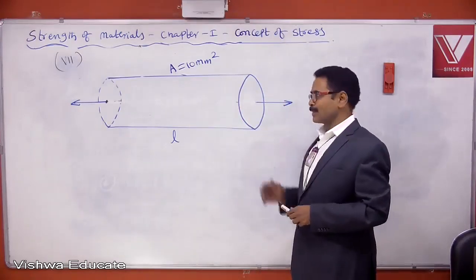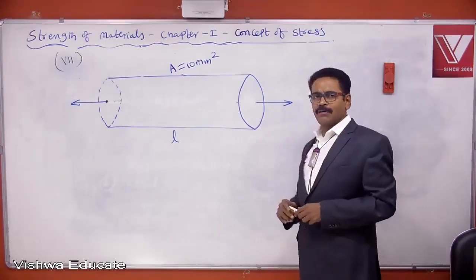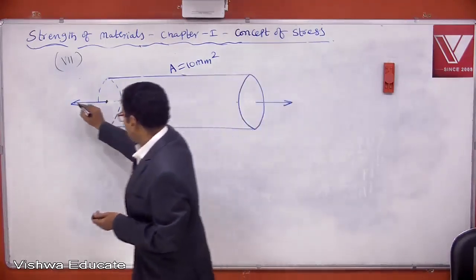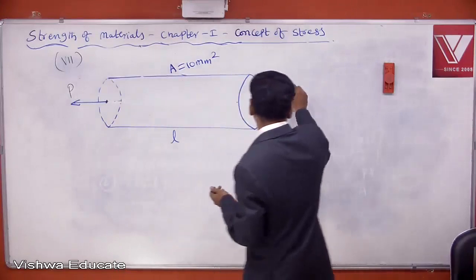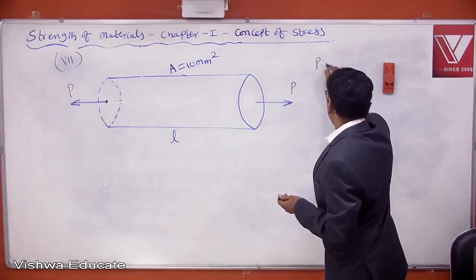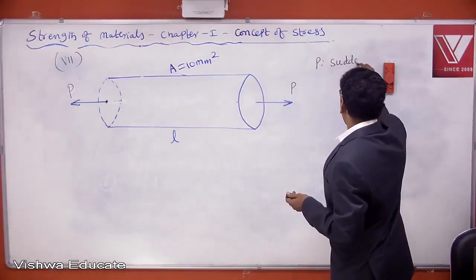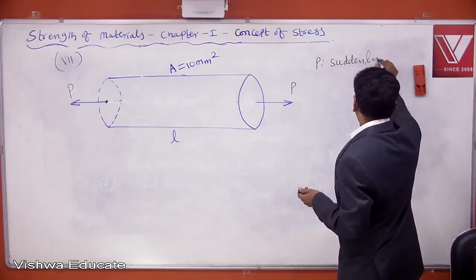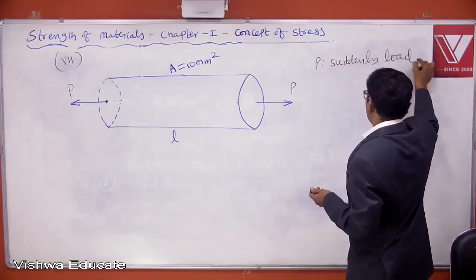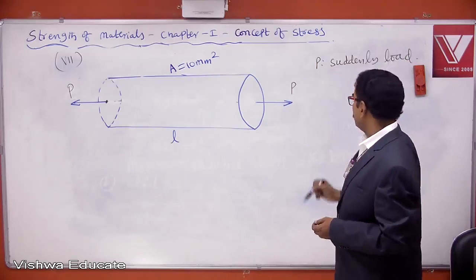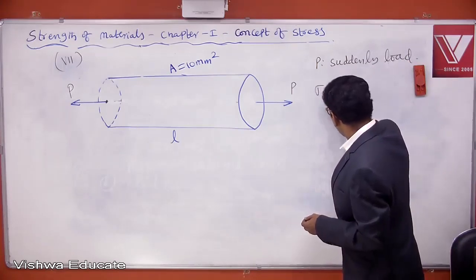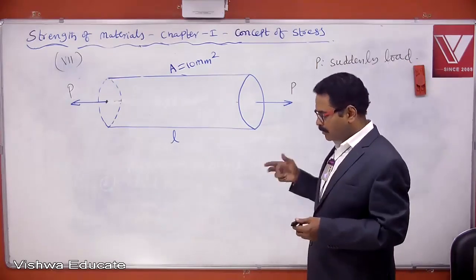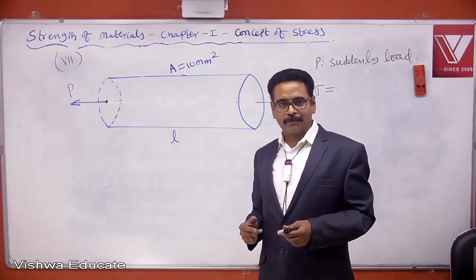Let us come to the last case. Again a bar I have taken. This bar is carrying an axial force of P, but here P is a suddenly applied load. Stress may be P by A when P is gradually applied load.